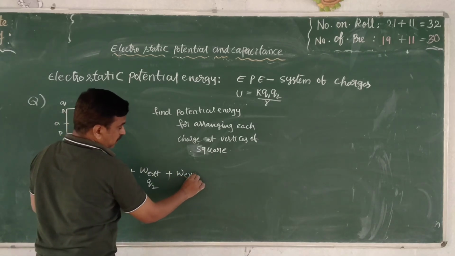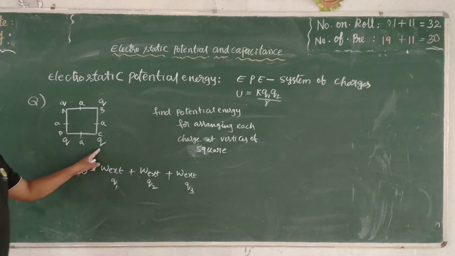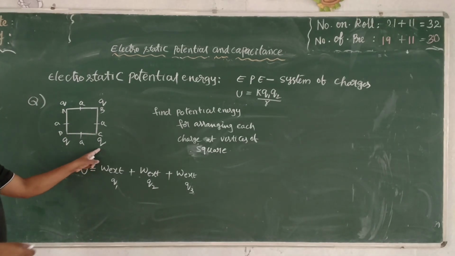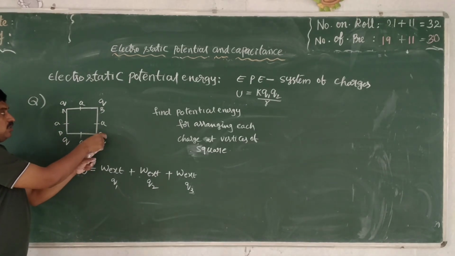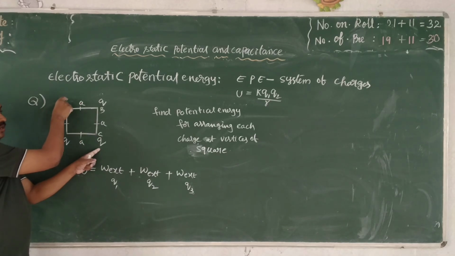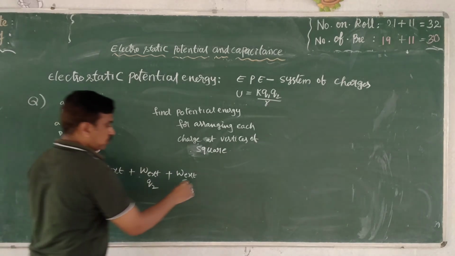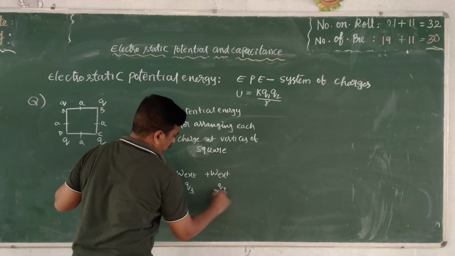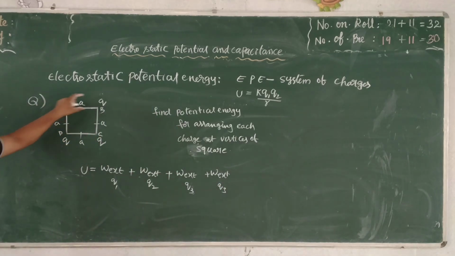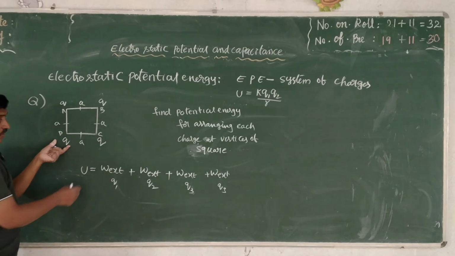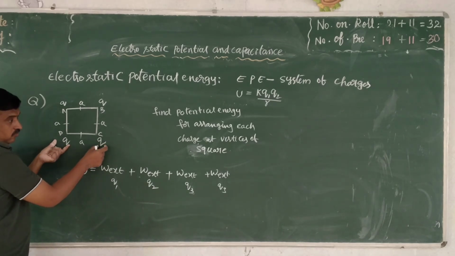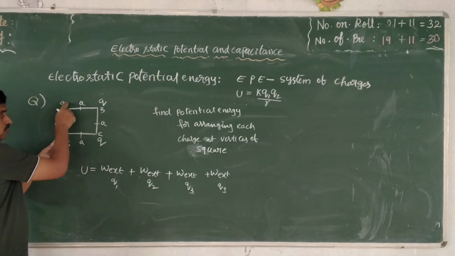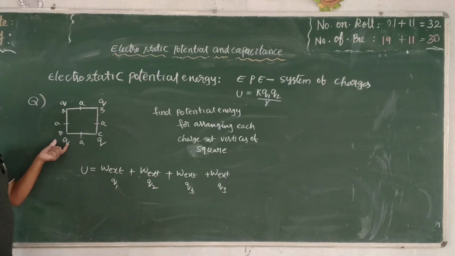Work done by external agent in bringing q3 to place C: I write here 2, two works are there, due to this one and due to this one. Next, for arranging this one, due to this one work, this one work, and this one work, so three works are there.